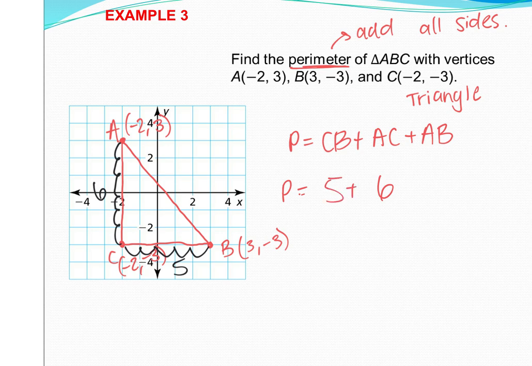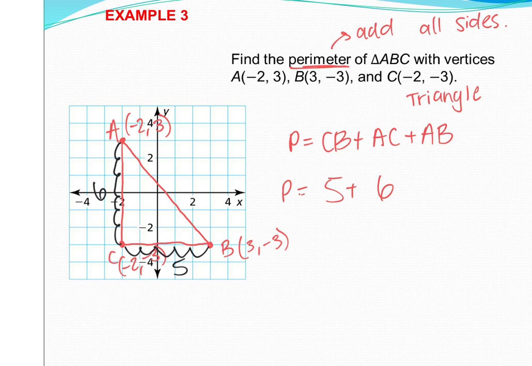Uh-oh. AB is the most difficult side because it's at what? An angle. A diagonal. How do we find the length of a segment between 2 points? Do math. It's a formula.